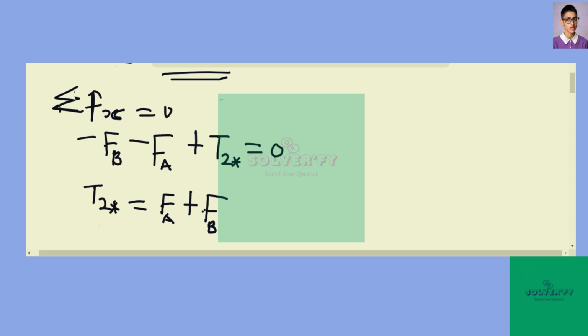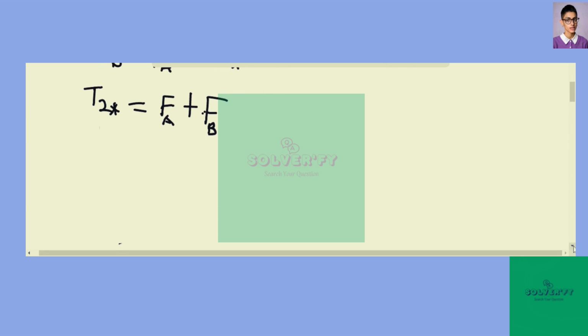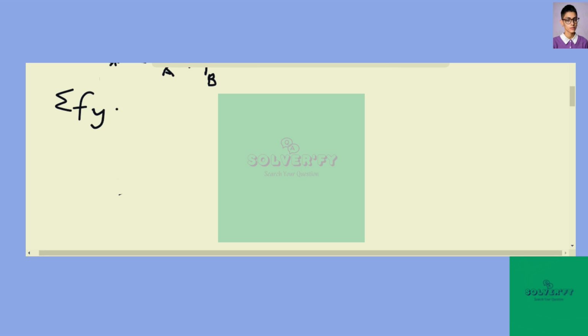Now if we consider equilibrium in the vertical direction, the summation of the forces in the vertical direction is equal to 0, so the normal reaction at A minus the normal reaction at B minus W2 is equal to 0.